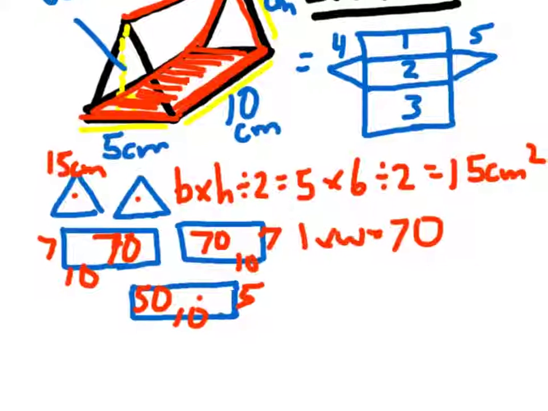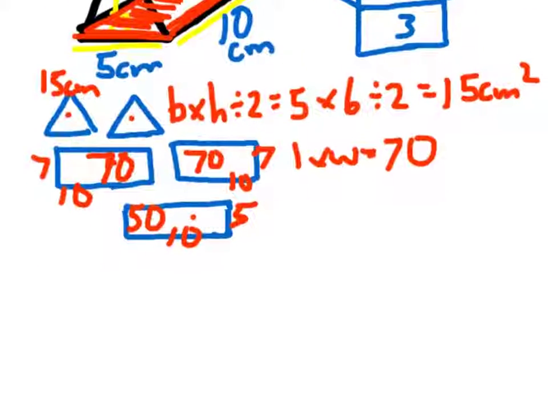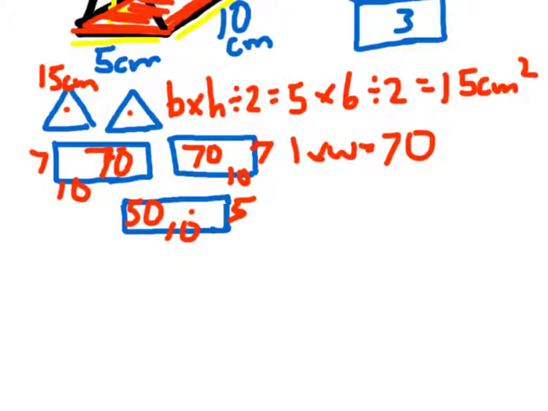Let me move this up so we have more room to write down our final calculations. All we have to do now is add up all the areas we found for each shape into a total. Triangle number 1 was 15 centimeters, plus triangle number 2, also 15 because they're congruent. Rectangle number 1 was 70, rectangle number 2 was another 70, and the rectangle on the bottom was 50.